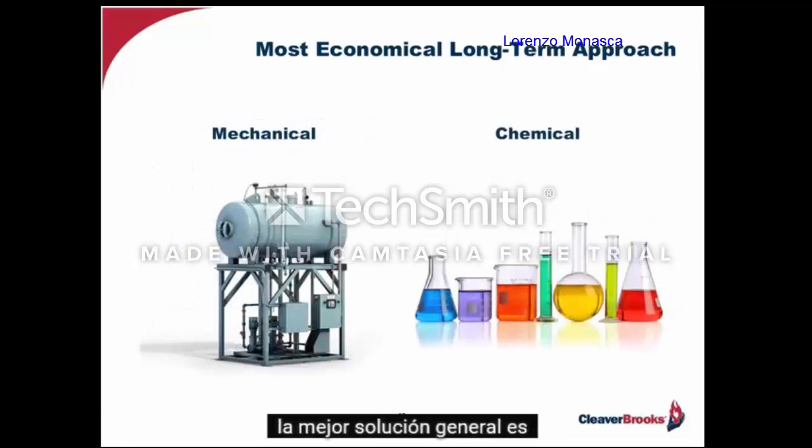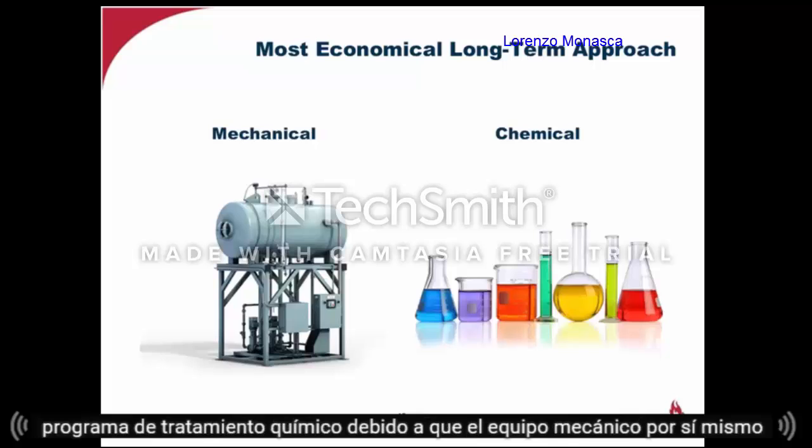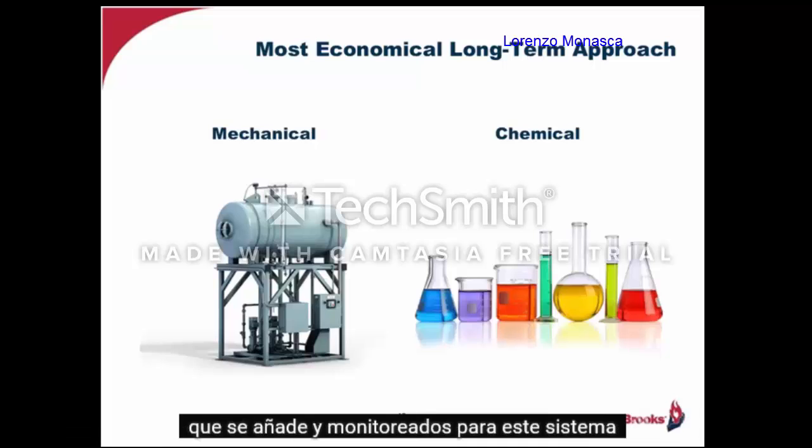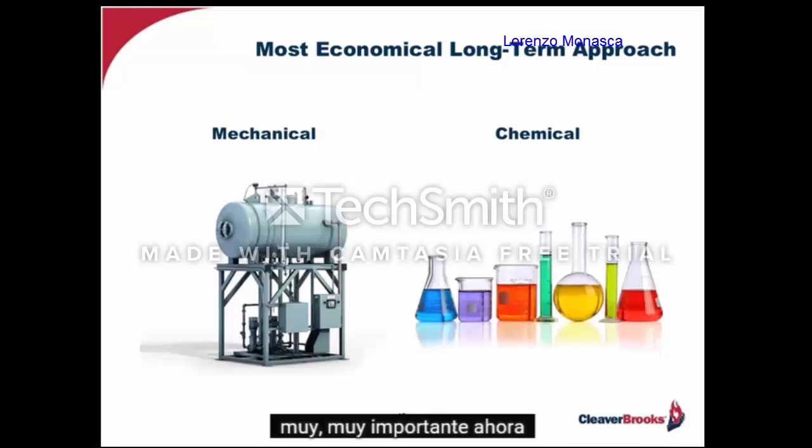So again, the best overall solution is a combination of mechanical equipment to do a lot of the job and then polish the balance with a well thought out and delivered chemical treatment program, because the mechanical equipment all by itself cannot do everything. It takes chemicals to be added and monitored for this system to properly function in a reliable and efficient way.